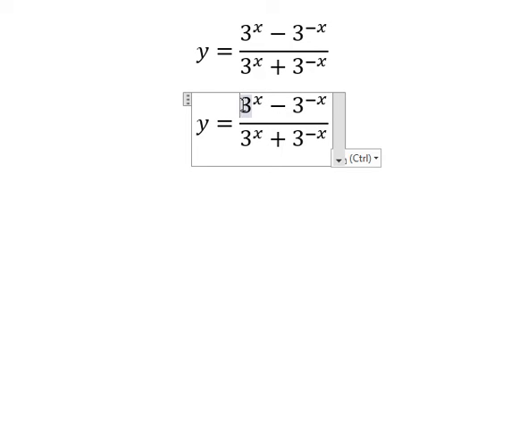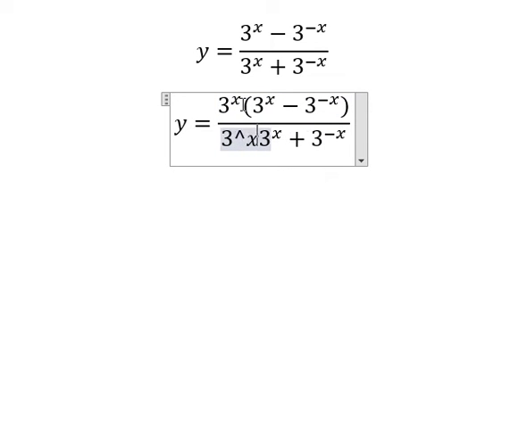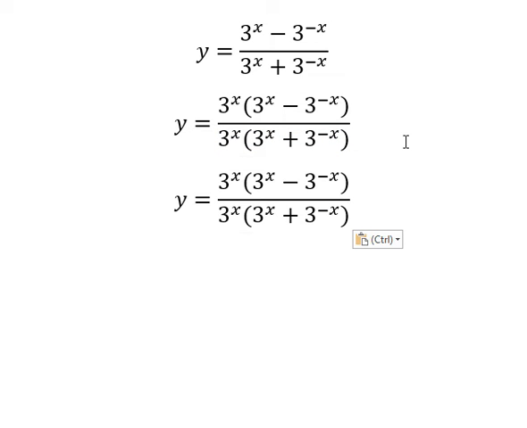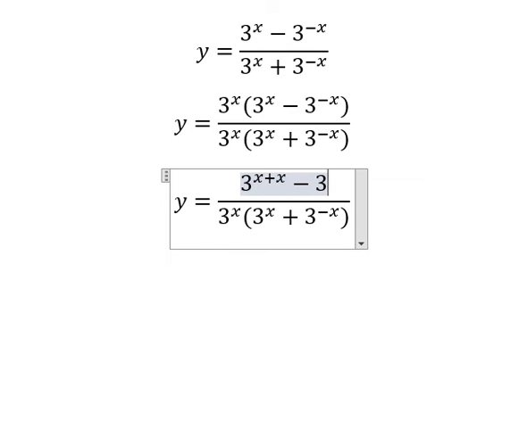We need to multiply by 3 to the power of x on the numerator and denominator. So we need to distribute this one for this one and this one. So we have 3 to the power of x plus x minus 3 to the power of x minus x.